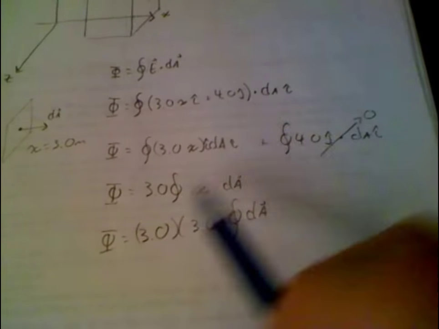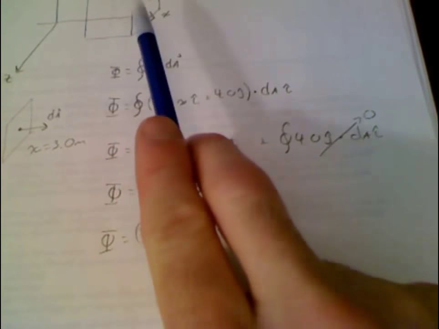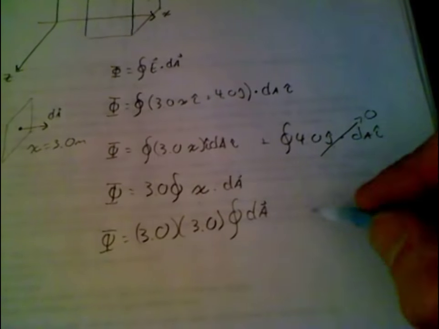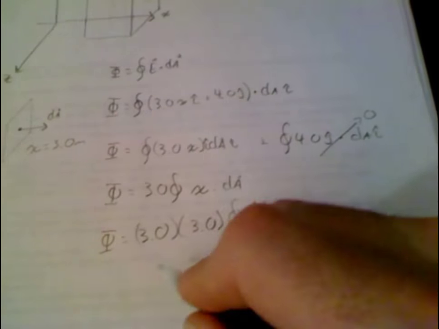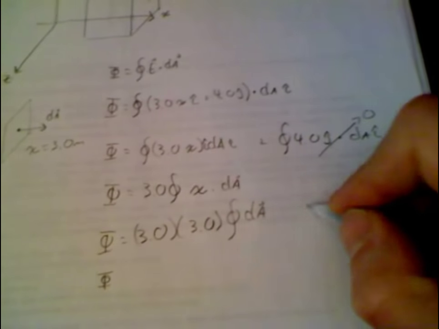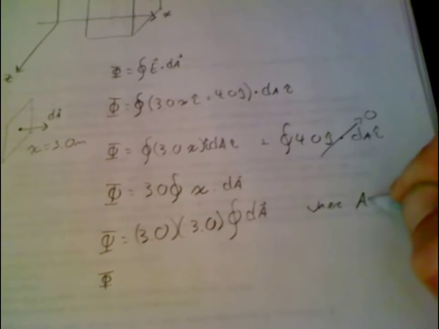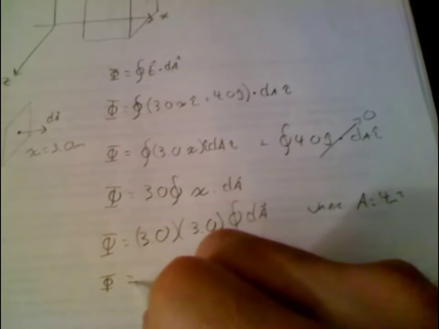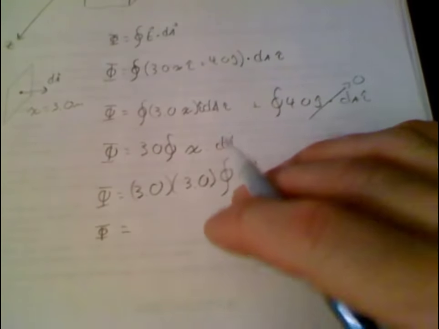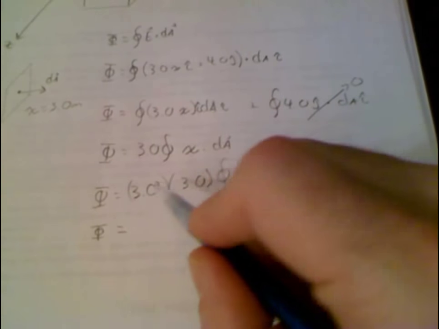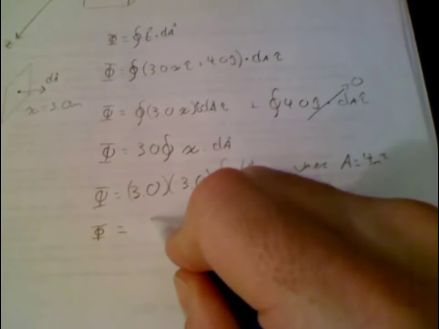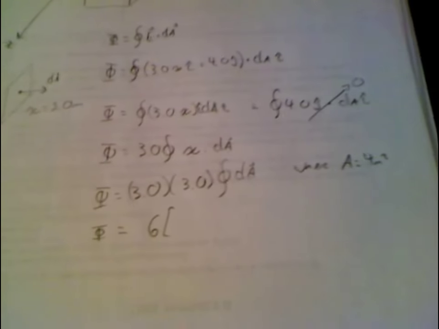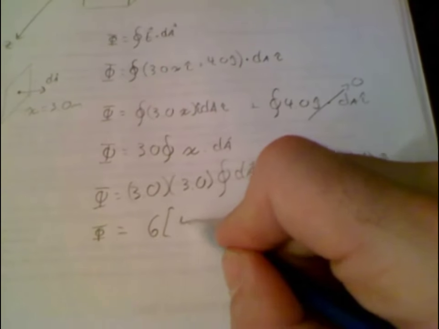And what's dA? dA is the area. I have an area of a square, and my square is 2 by 2, or 4 square meters. The integral of dA is just A, where A is equal to 4 meters squared. So my flux is equal to 3 times 3, which is 6, times the integral of dA, which is just A, which is 4.